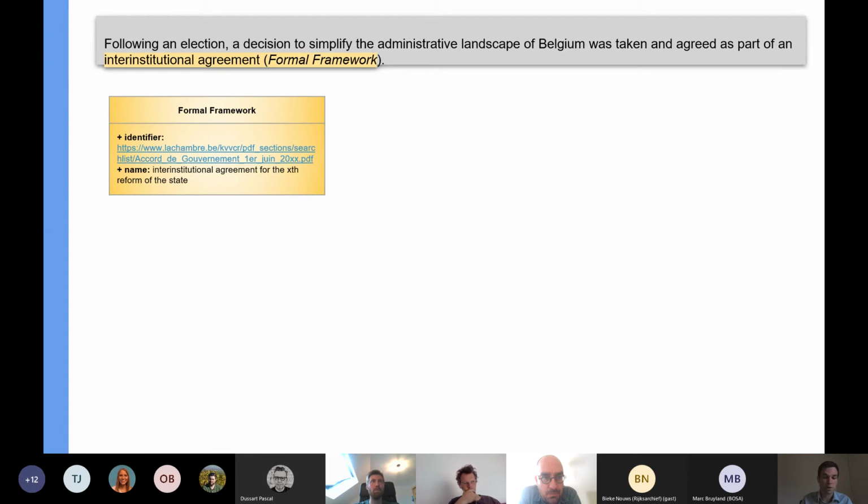Legal resource, it's always with the term legal, while formal framework can be outside of the law. It can be some agreements made that actually help to agree on the creation of a public organization. But of course, it includes also the legal aspect. And for now, it includes an identifier to the decision or to the text and a name.